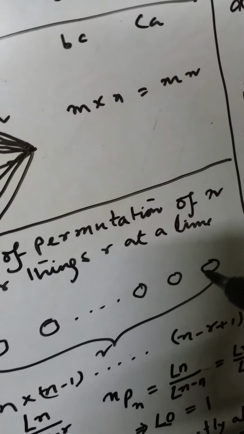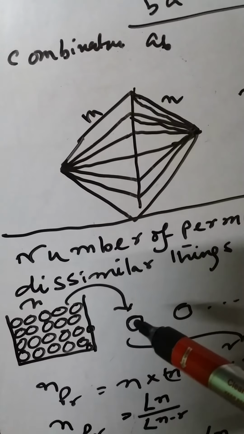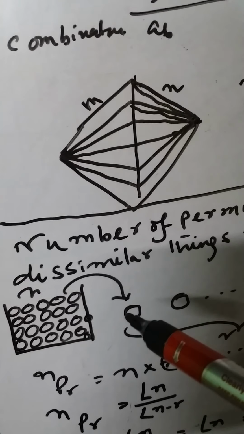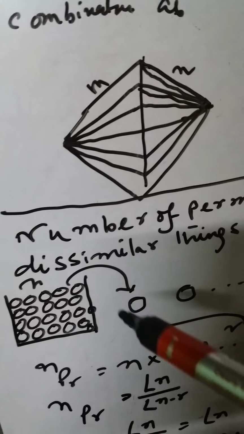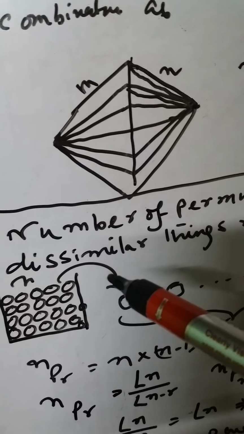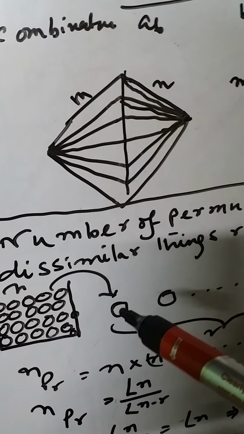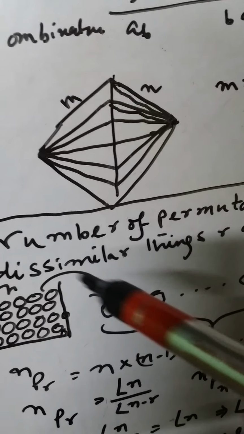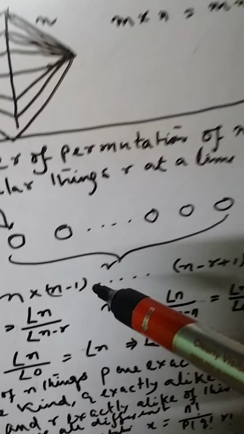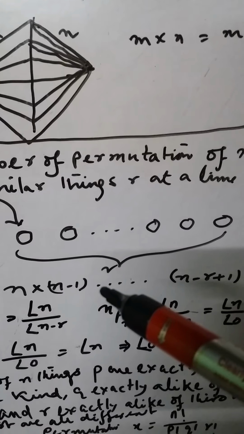Suppose there are r holes, and there are n different balls. So you can put a ball in the first hole in n ways. After putting one ball here, you can fill the second hole in n minus 1 ways. In this way, you can fill the third hole in n minus 2 ways.